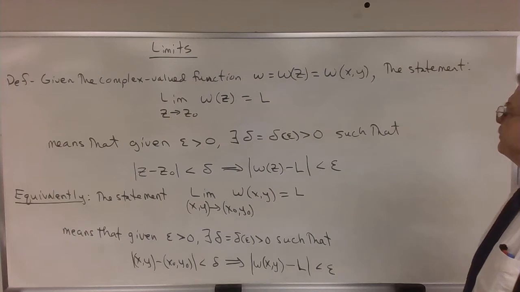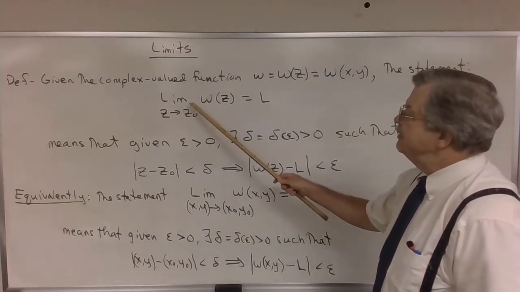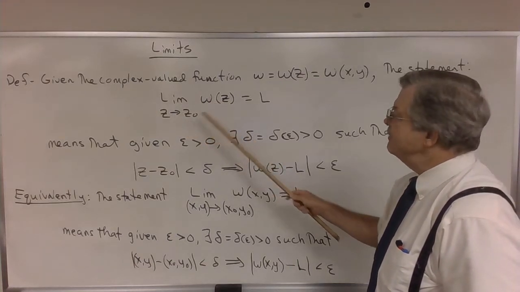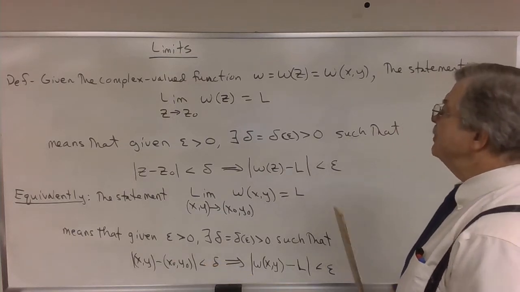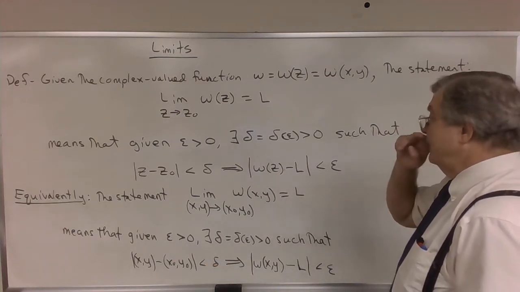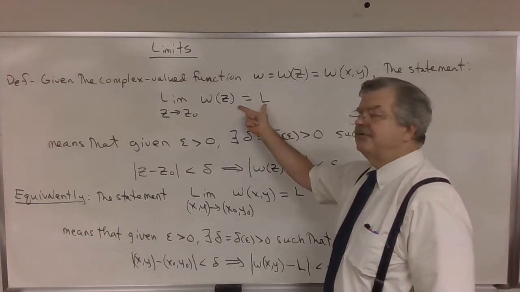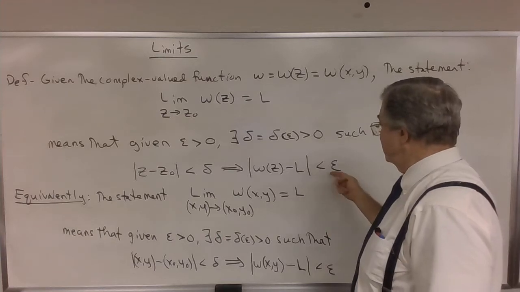So the limit of W of Z as Z approaches Z naught equals L means that we can make W of Z as close to L as we want. How close?